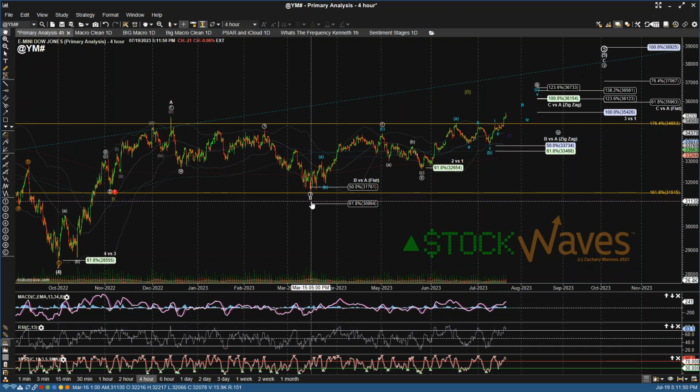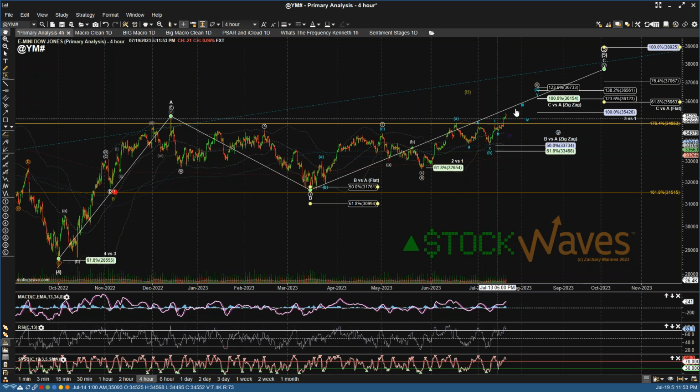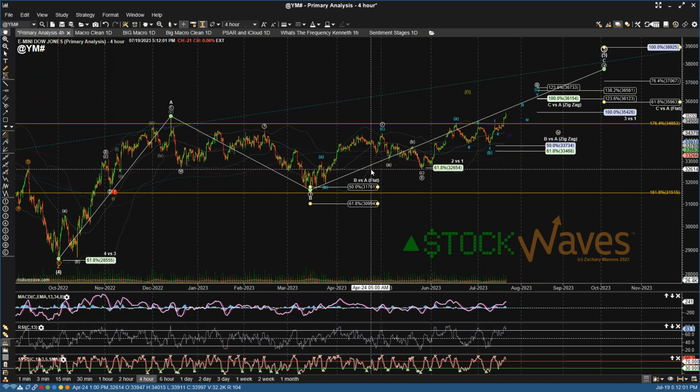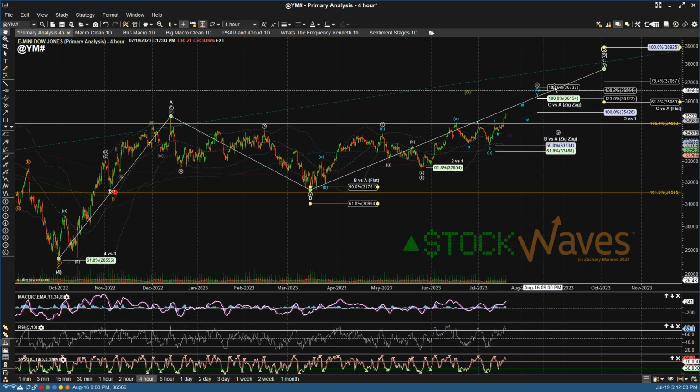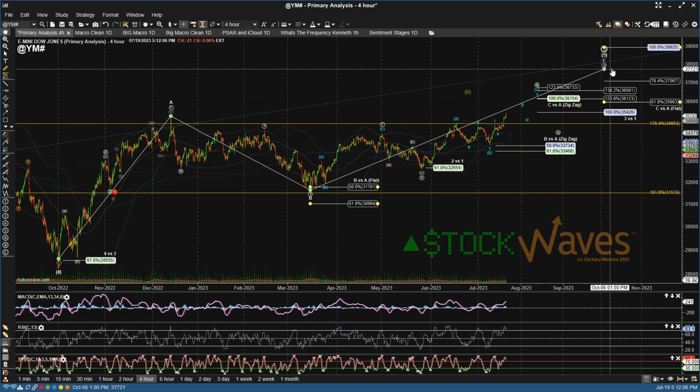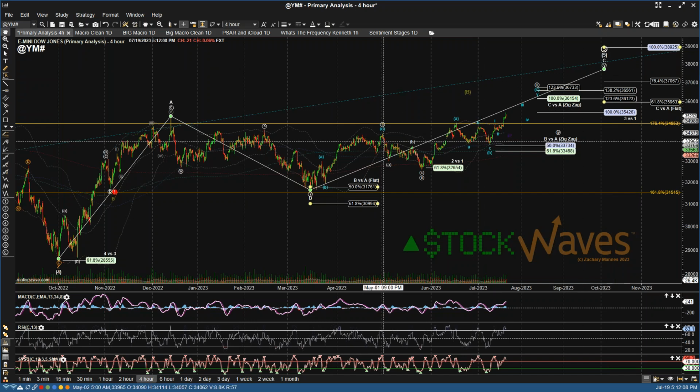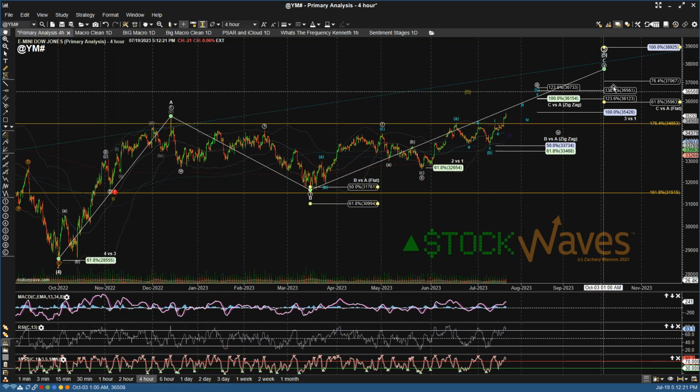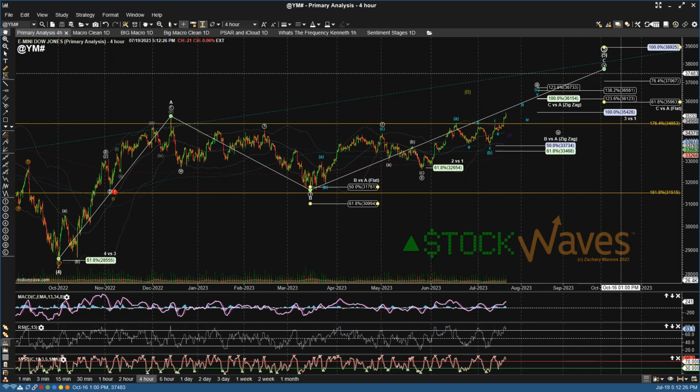So off of the March low, there was a setup for a C wave up, the same C wave that we were looking at as a potential alt in the S&P, and that setup was here. The S&P has filled out much more of that proportionate C wave or Y wave as we were talking about. The YM, or DIA or whatever you use for the Dow, is far more muted. It seems like it is still running behind, and therefore, because it hasn't filled out as much of it, as long as it's going to hold support, it has room to continue to extend higher.